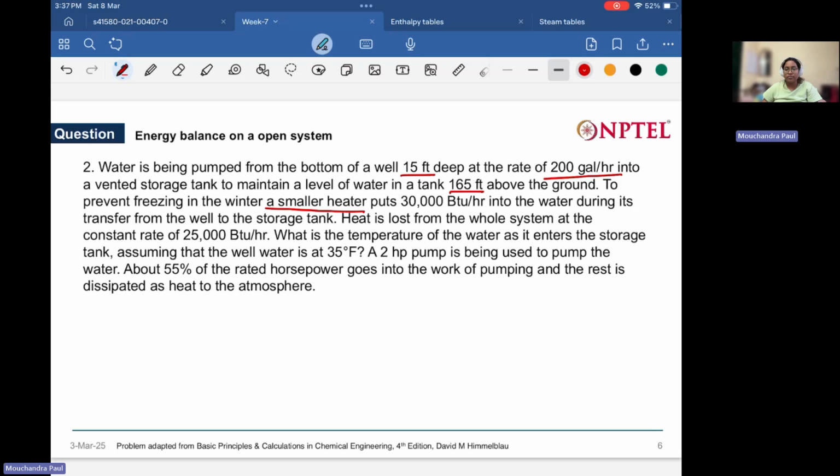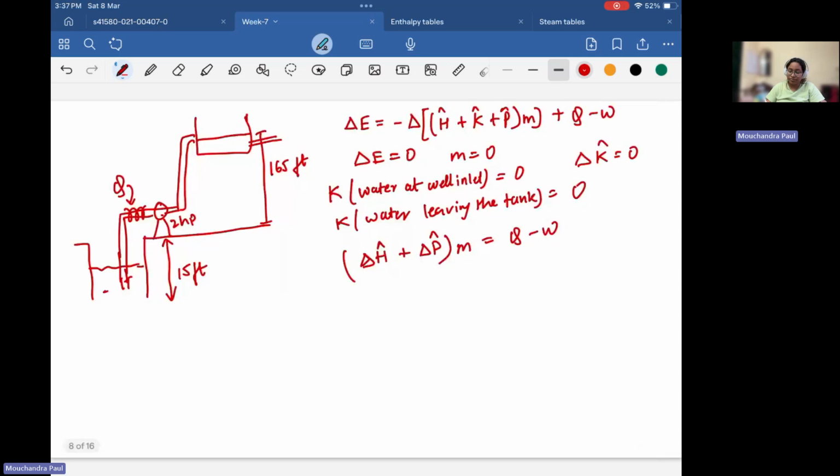So as I was saying, 200 gallons per hour is the water that is being pumped. So gallon is a unit for liquid. So let's convert into mass, so we can make the calculation easier later on. Total water pumped is 200 gallon per hour.